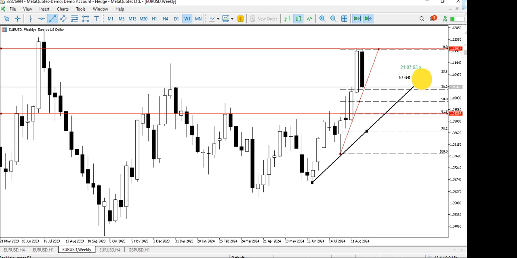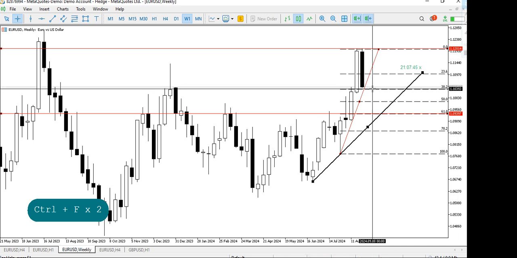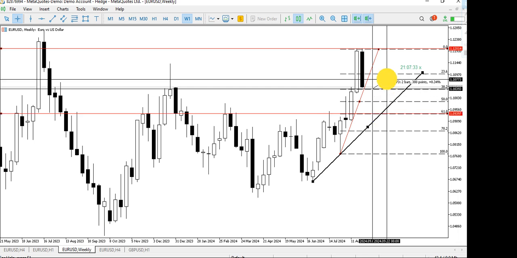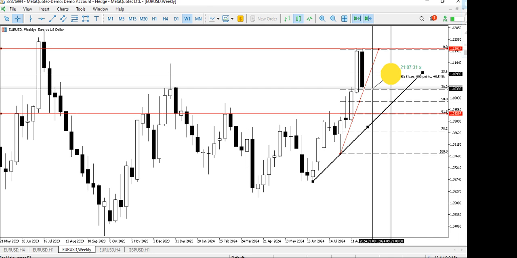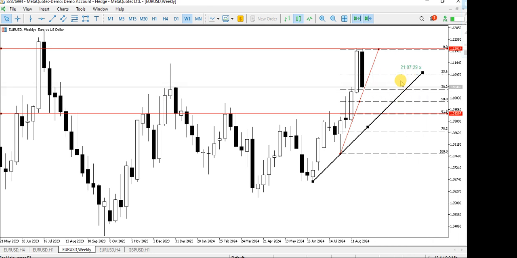It should be this point. So what am I expecting? I'm expecting price to drop to this point, 9036. This would be a good point for price to bounce off or react and maybe do a pullback before it continues wherever it's going.